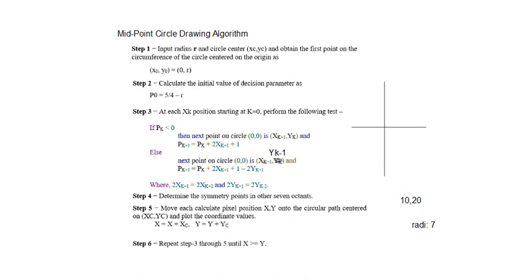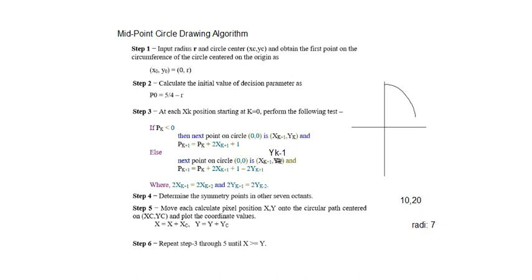X will be increased in both cases, because when you have drawn the point here, we are going to draw the circle like this. X is increasing as we are moving to the right, and while moving right, we are also coming towards the x-axis. So this will be the method to draw the circle.